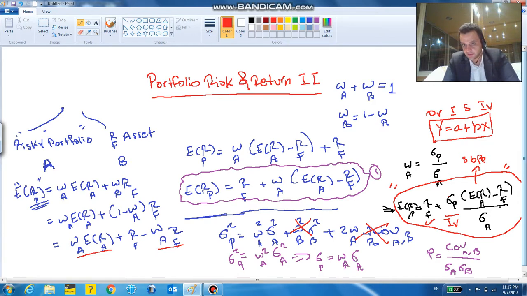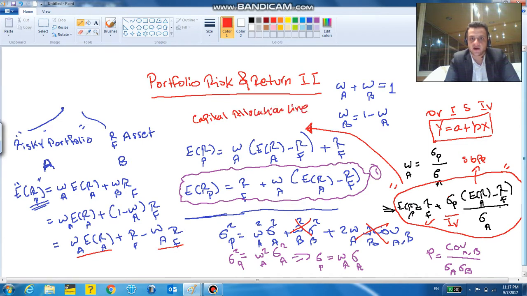But for sure, you want to memorize this final formula, because this is called the capital allocation line, and it is highly testable. Okay, guys, it is highly testable. They like it so much. They might ask you, what is the slope of this capital allocation line?